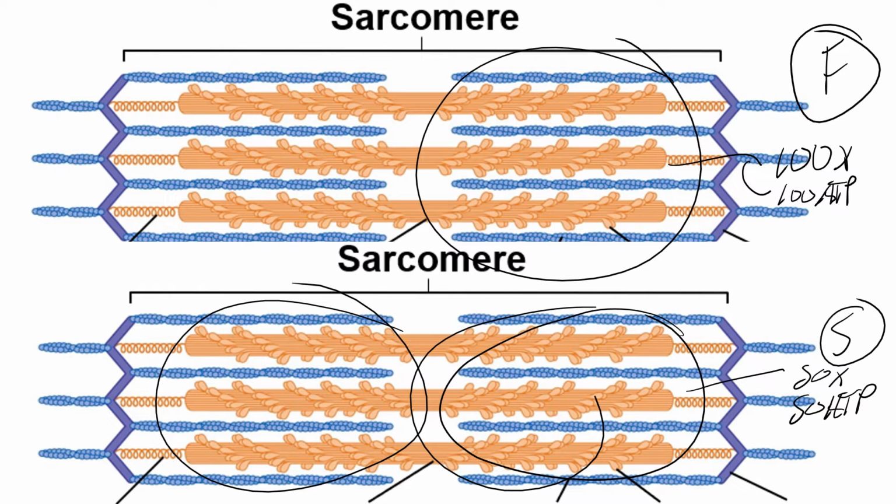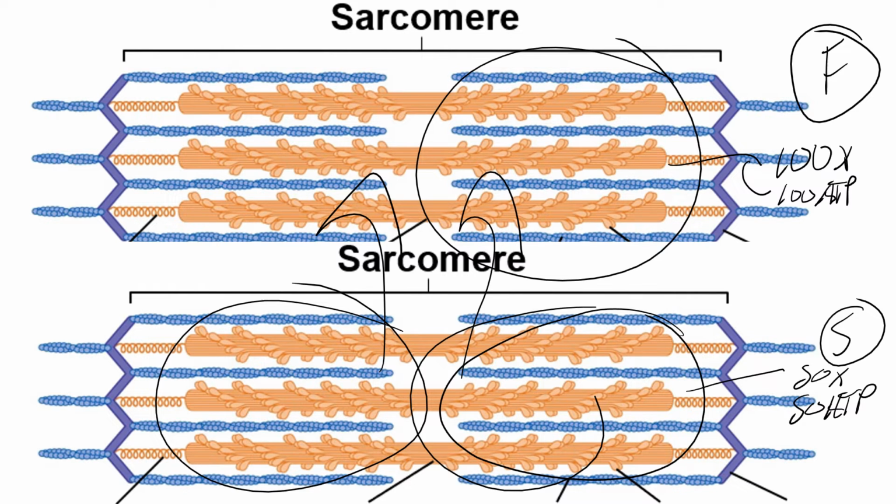The myosin heads cycle at a lower frequency, so the slow twitch muscle fiber will shorten much more slowly, but it will also consume much less ATP over time, right? Because each one of these myosin heads within the slow twitch fiber can only consume approximately 50 ATP per second. And you compare that to the myosin heads within the fast twitch fiber, where each one of them can theoretically consume 100 ATP over the course of a second.